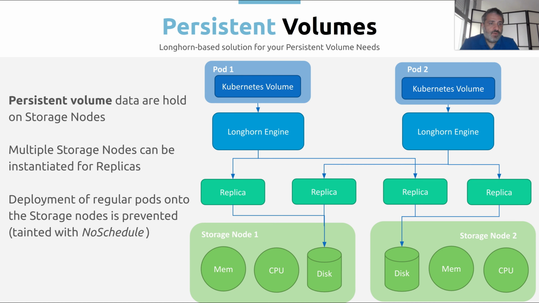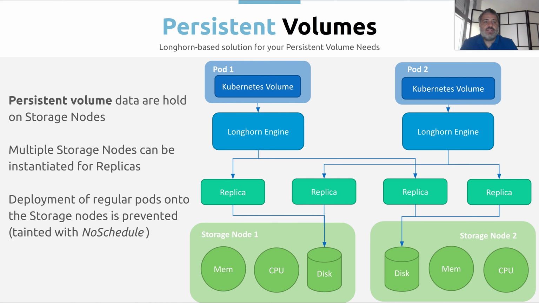Regarding the persistent volume, as I said, we have integrated Longhorn, a lightweight, reliable, and powerful distributed block storage system for Kubernetes. Longhorn implements this distributed block storage by using containers and microservices.